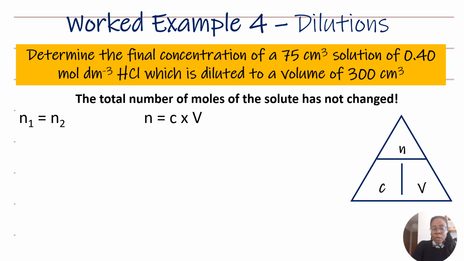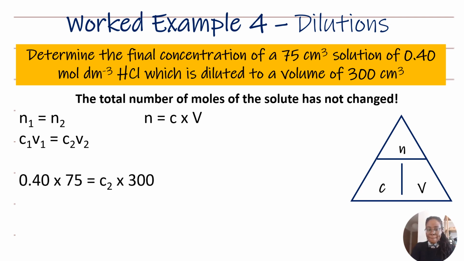And so N1, or the initial moles, are equal to N2, the final moles. As N equals C times V, we can produce the expression C1V1, the first concentration times the first volume, is equal to C2V2, the second concentration multiplied by the second volume.